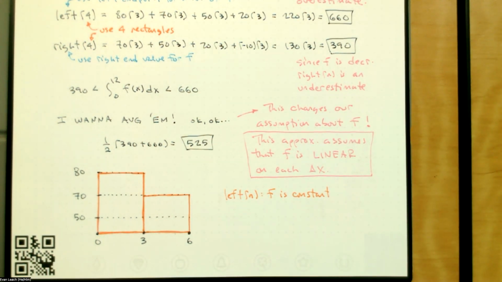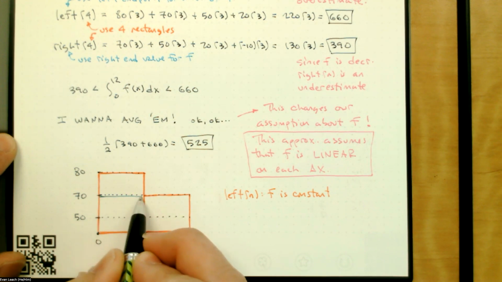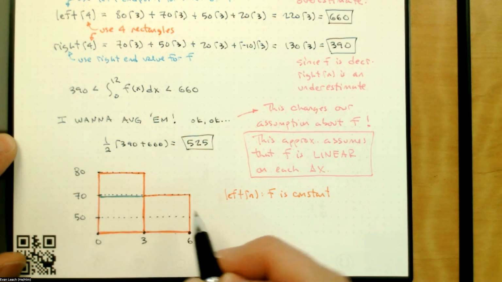We also did the right endpoint approximation. So for this 0 to 3, we made a rectangle and we said this is constant. But from the right, use the lowest value.